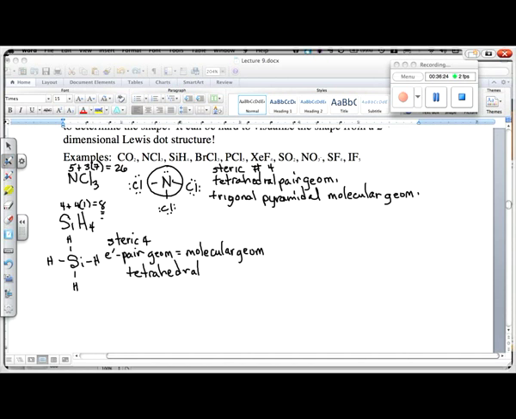All right, moving on. Let's do BrCl3. 7 valence electrons for the bromine plus 3 times 7 for the chlorine, so a total of 28. Bromine's going to go in the middle. Connect with dashes. Give everyone 8.